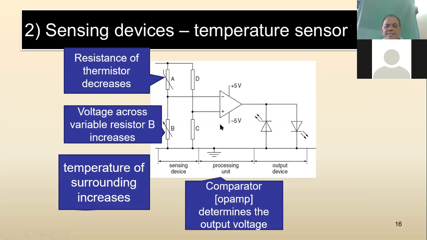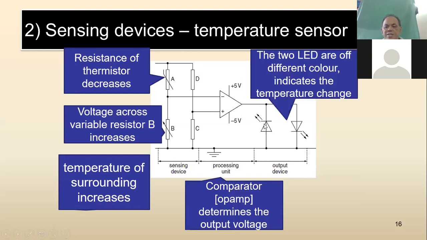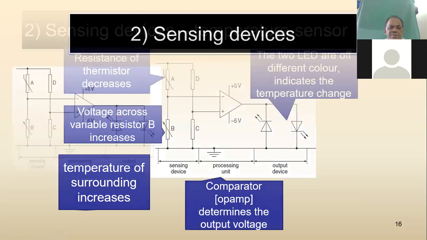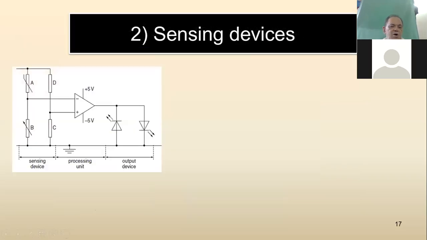And the comparator will receive the increase in voltage and send it to the output there. And then we can use different color to indicate the temperature of the environment. There is a whole circuit for temperature monitor.